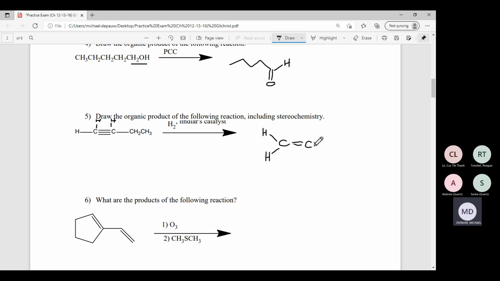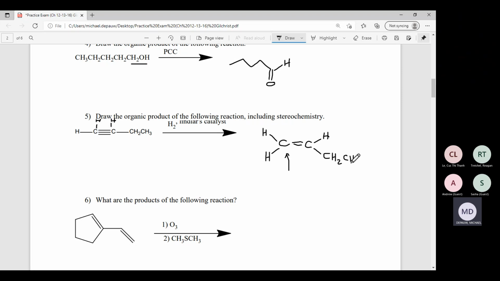Remember, you only have stereochemistry with organic compounds if each double bonded carbon is bonded to 2 different groups. So this double bonded carbon here is already bonded to 2 of the same groups. So it doesn't matter, because it's a planar molecule, it doesn't matter what's on the other side, even if they're different.